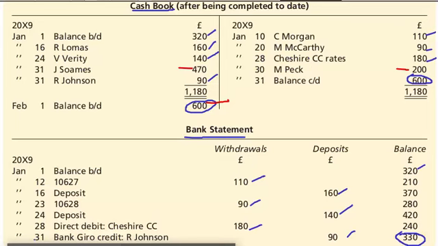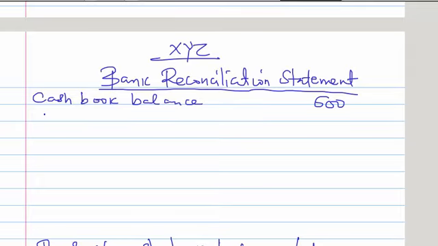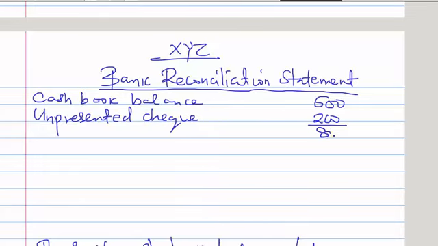So we know that we had a 200 which we paid out, but then the bank hasn't debited it. So if we're going to move to the bank balance, we'll need to add this to our cash book balance. So we'll have unpresented check of 200 to make it 800.